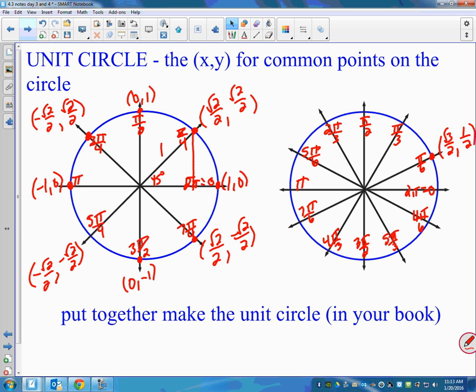They never change. So here's what's really great, and I'm going to do this in 2 steps. All of these, pi 6, 5 pi 6, 7 pi 6, 11 pi 6, are they all going to be the same reference angle? Which means just like over there, if you know pi 6, you know the ordered pair of all the sixths. You just have to change the signs depending on which quadrant you're in. So that means in quadrant 2, I know it's just going to be negative radical 3 over 2, 1/2.